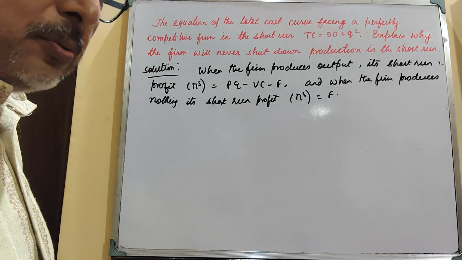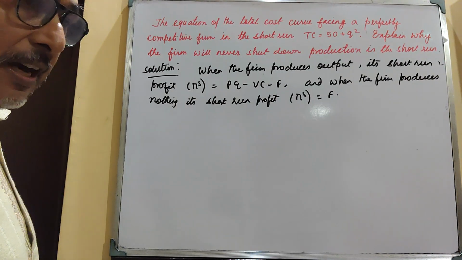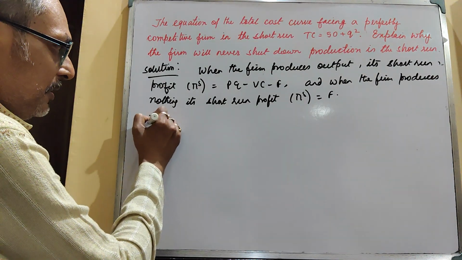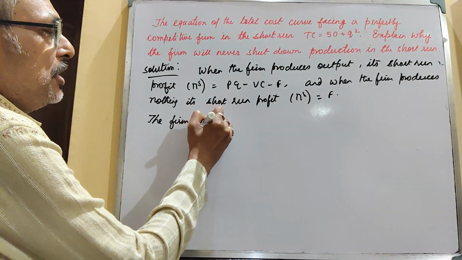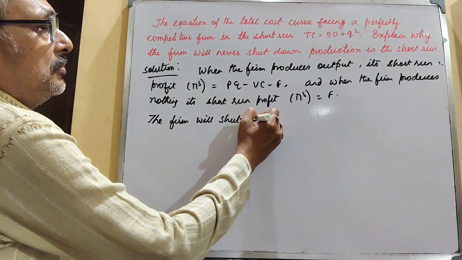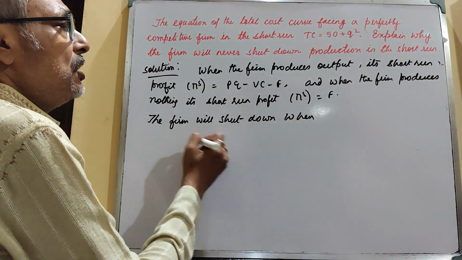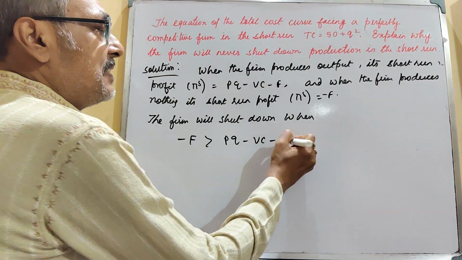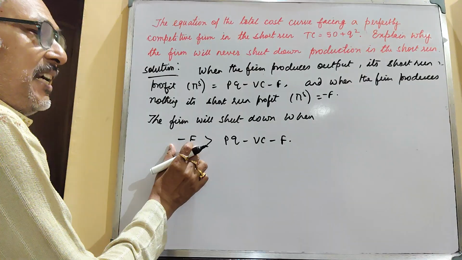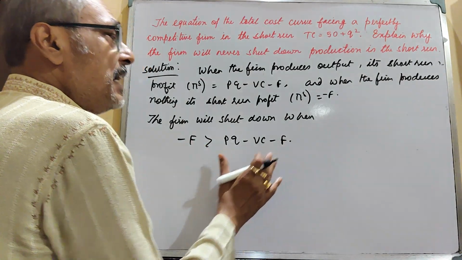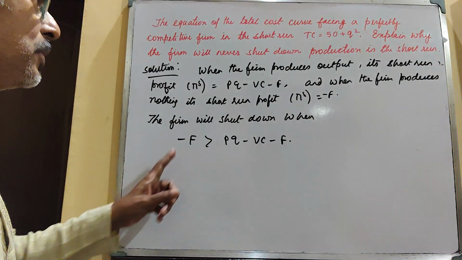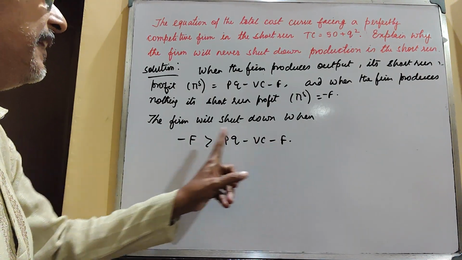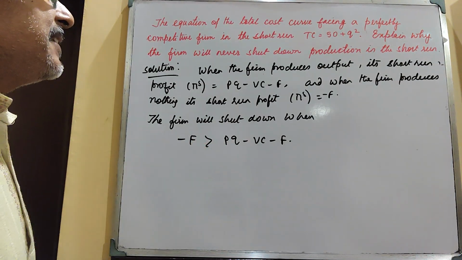The firm will shut down, or the firm will be better off going off the production, when minus F is greater than PQ minus VC minus F. That is, if the profit when the firm does not produce is greater than the profit when the firm is producing and incurring loss, the firm will shut down.